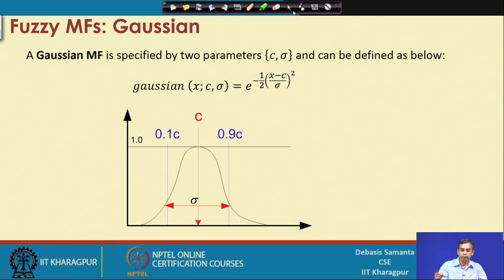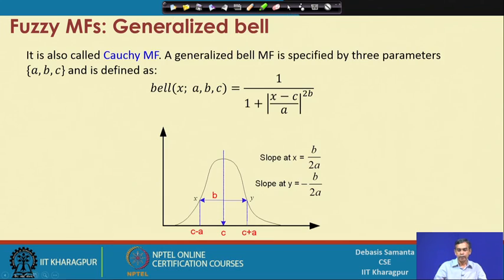This is one popular membership function; there are many more. Another is called the Cauchy membership function. It is just like a Gaussian membership function, but it is defined in terms of three parameters A, B, C, and how the membership function is defined using these three parameters is expressed here.